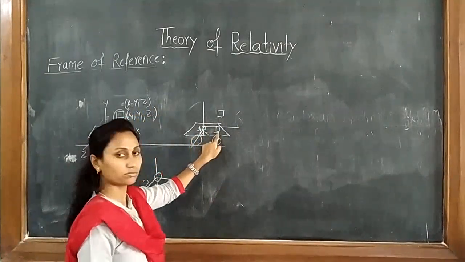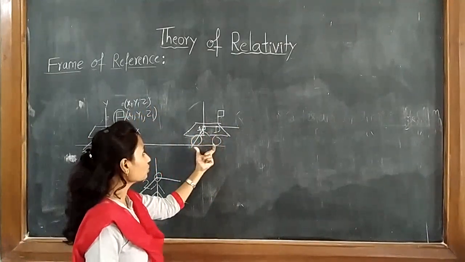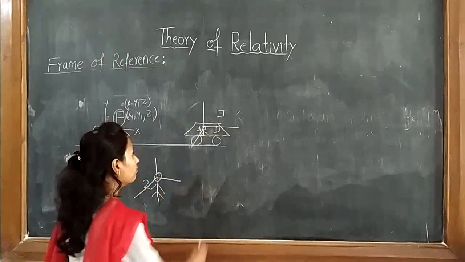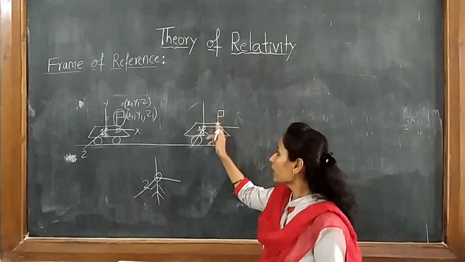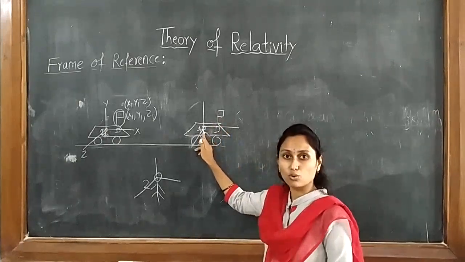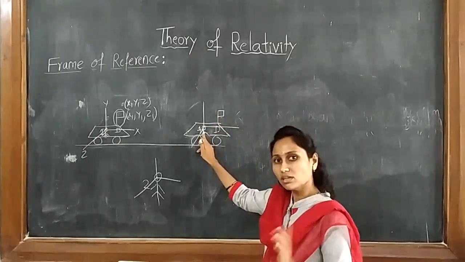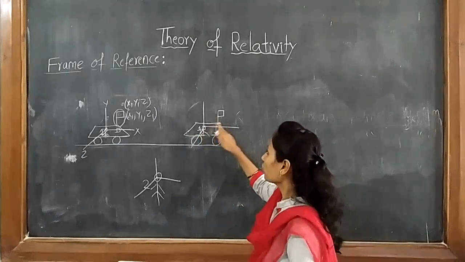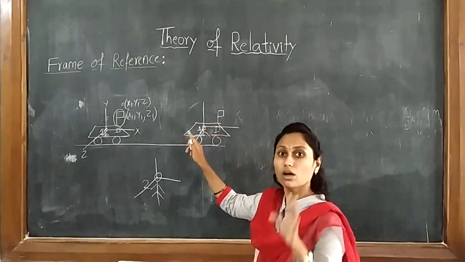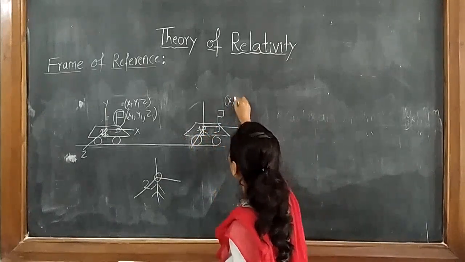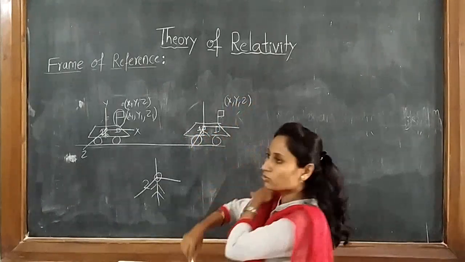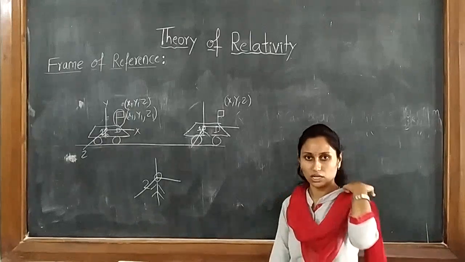And when it moves and reaches this position, does the position of the flag change according to the first person or not? It will be the same here also, because both are in motion with the same velocity. That's why again he got the same coordinates, x comma y comma z only.